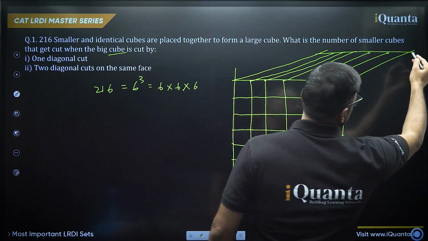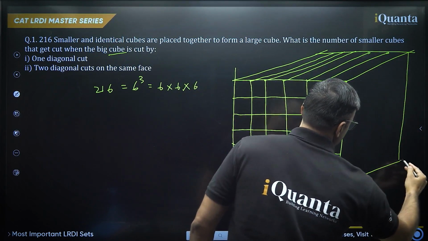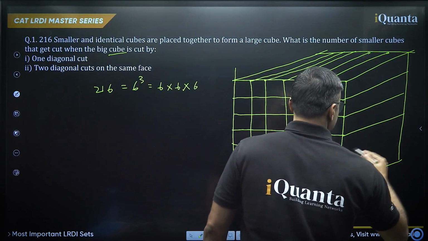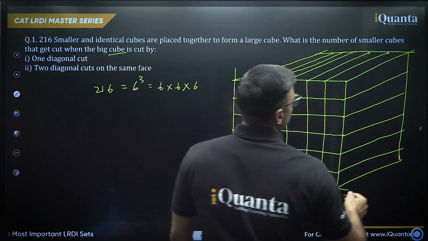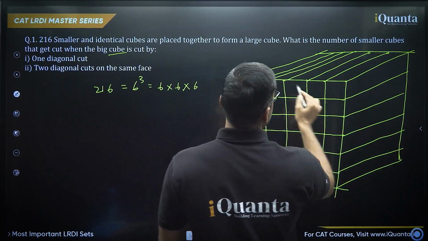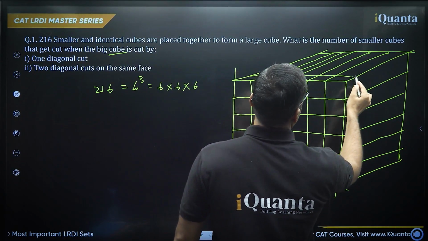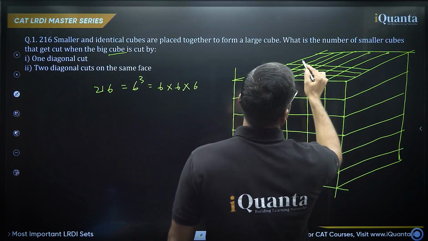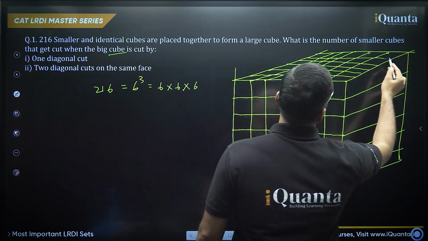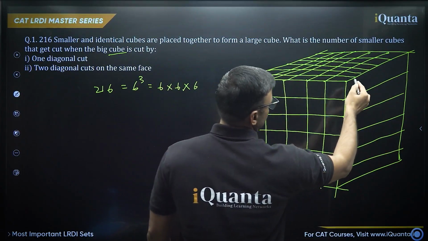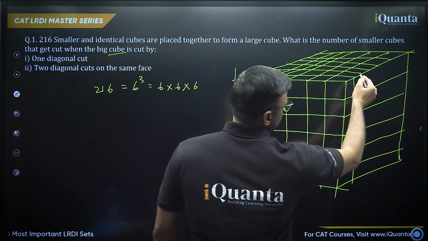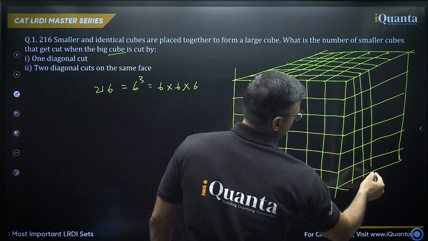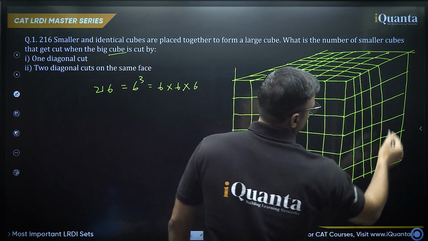Join this. We have tried to show 6 parts on each of the surfaces. The upper surface will look a little tilted. Okay, so 1, 2, 3, 4, 5, and then just match this. 1, 2, 3, 4, 5.